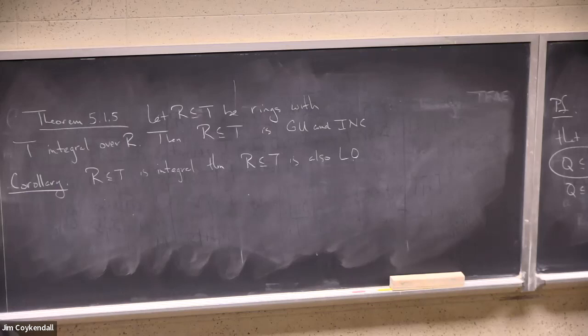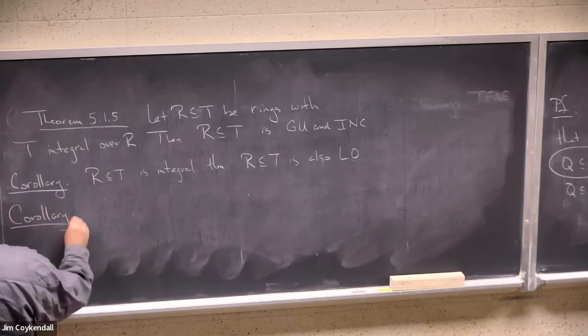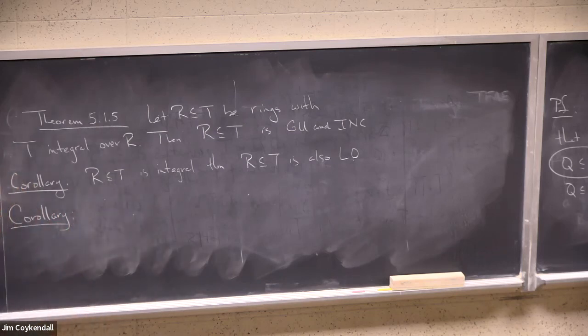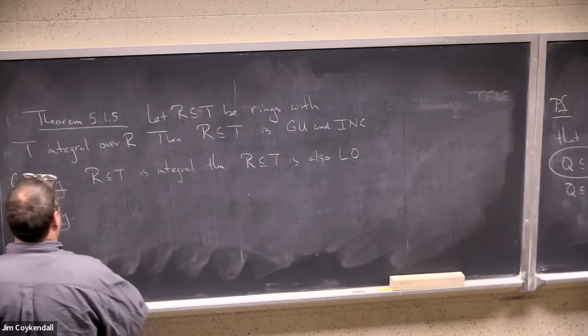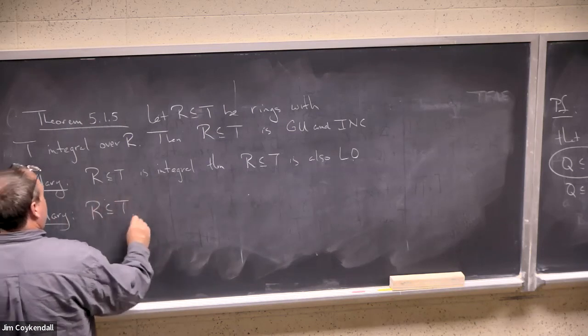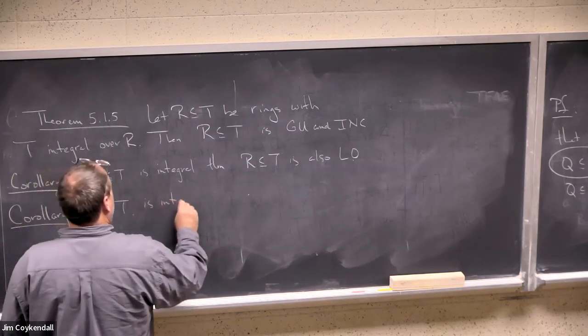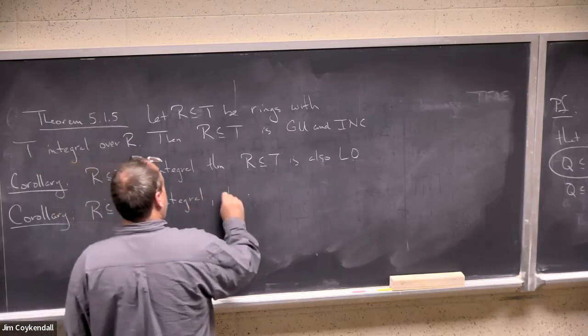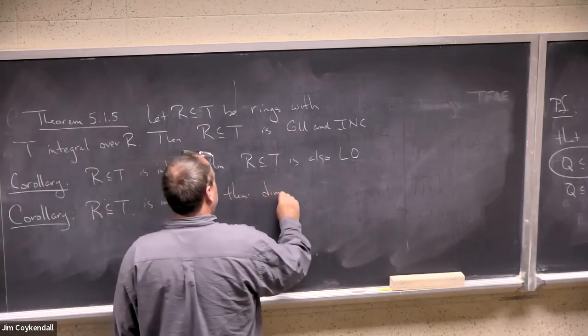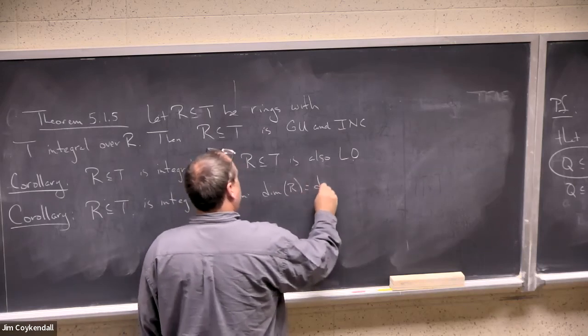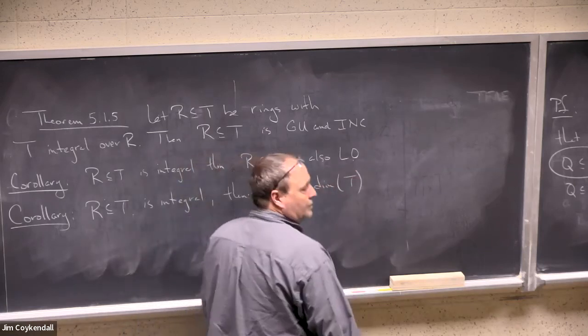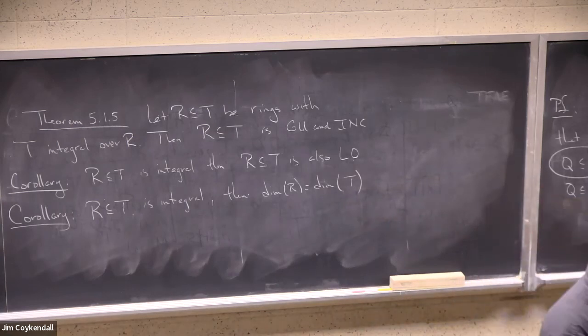Here's another one. And we're going to work up to this. So I'm going to prove the theorem next time. Dimensions are the same. This is actually the important thing about going up and incomparability. Right.